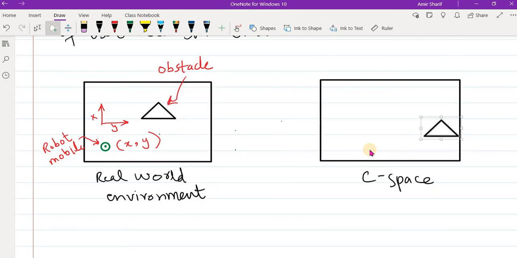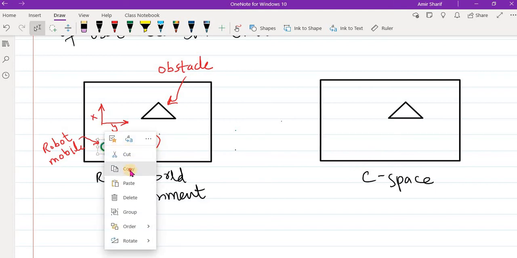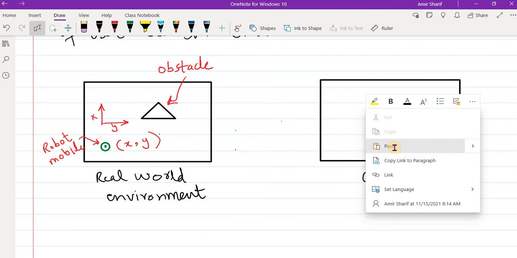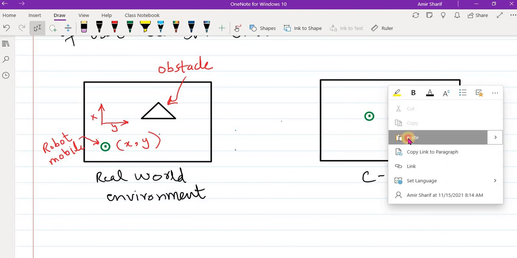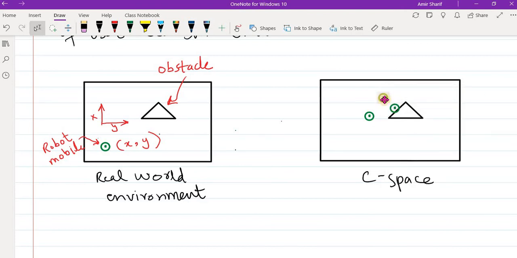So if you now want to represent this thing here, it will look something like this. I have already drawn it.